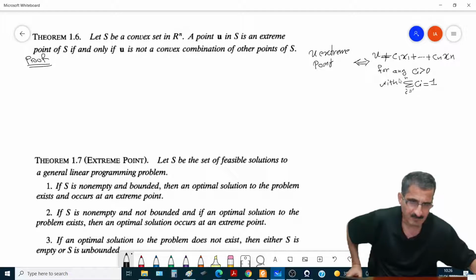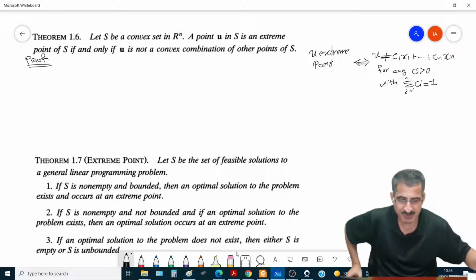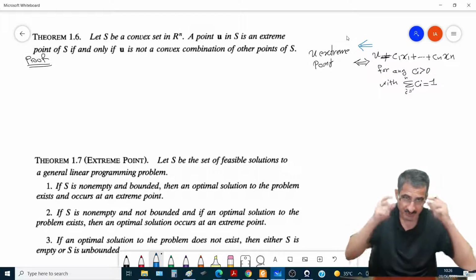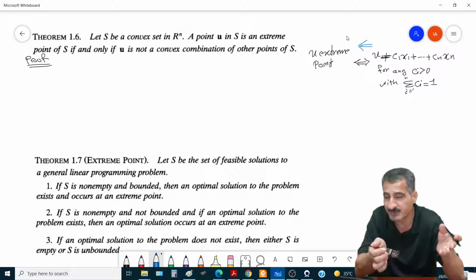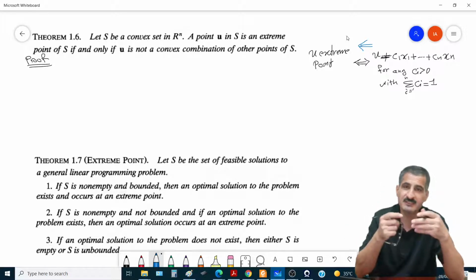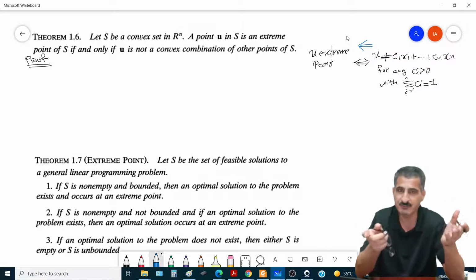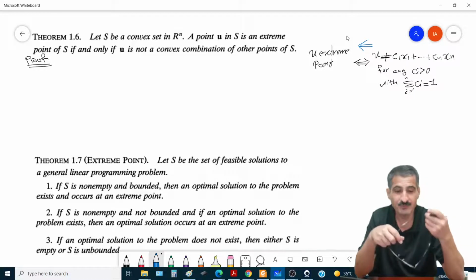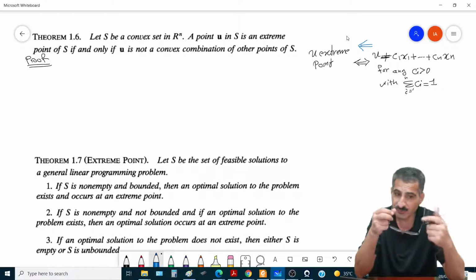So U is not a convex combination. This direction is direct, easy by definition. If U is not a convex combination of any number of points, then U does not equal lambda x1 plus 1 minus lambda x2, which means U does not lie on any line segment of any 2 points. So U is an extreme point.